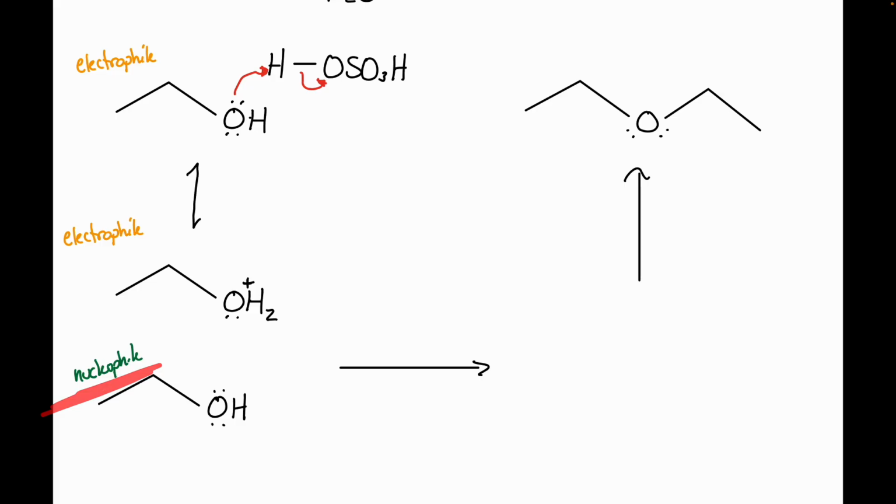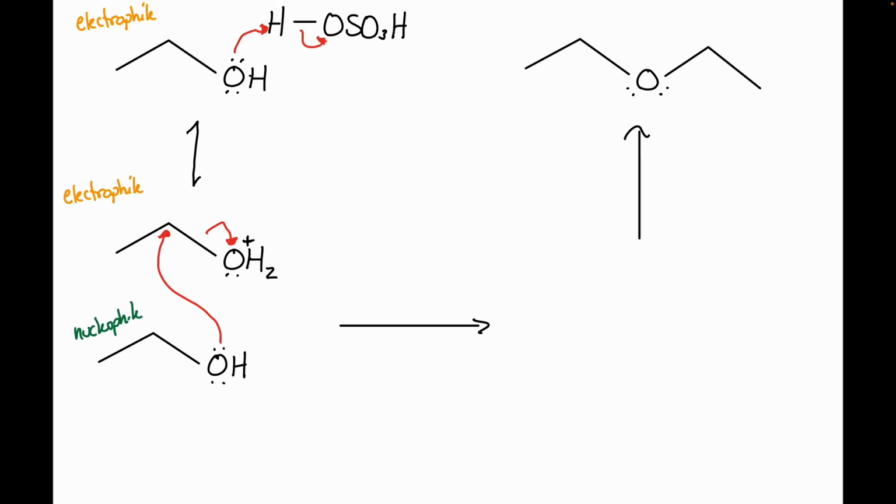Remember, nucleophiles attack electrophiles. So that lone pair on my oxygen is going to attack my electrophile, kicking off that good leaving group. Right? Note that the oxygen itself has that positive charge, but it can't form a new bond because it already has that complete octet. So instead, we're going to kick off that water as a leaving group.